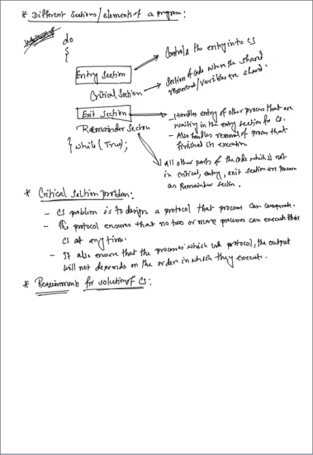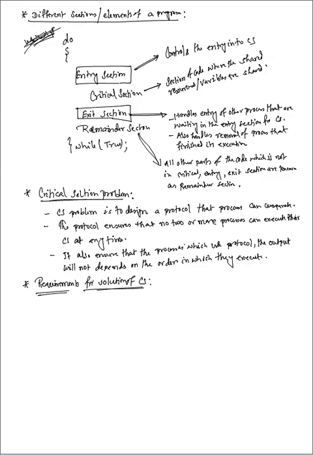Mutual exclusion says that no two processes are present simultaneously inside the critical section at any time. It represents safety, so that overwriting or manipulation of data by two different programs does not occur.